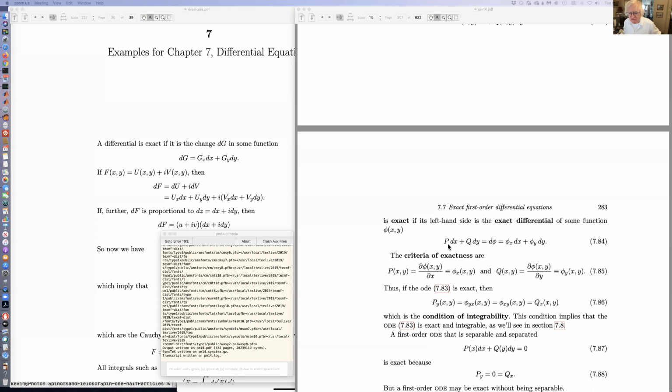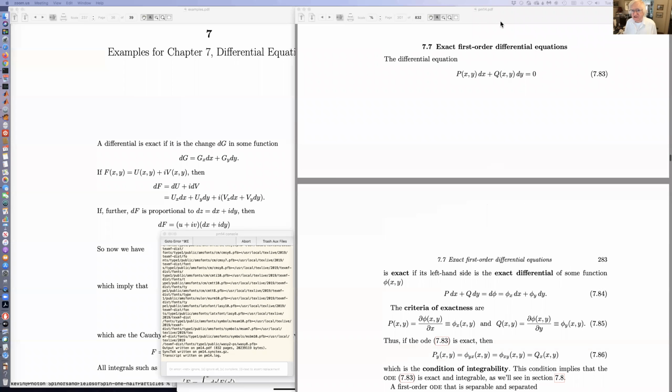So in other words, if p dx plus q dy is d phi, then that's an exact differential, and d phi, of course, will be the x derivative of phi times dx plus the y derivative of phi times dy. And an exact differential equation then is when you set this exact differential equal to 0.